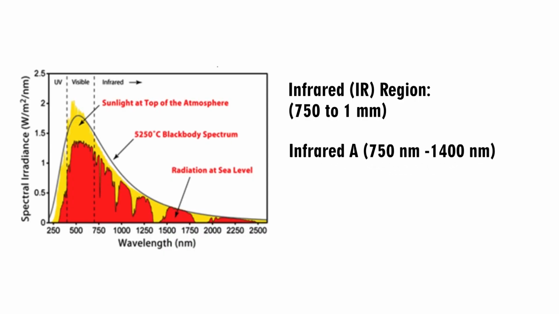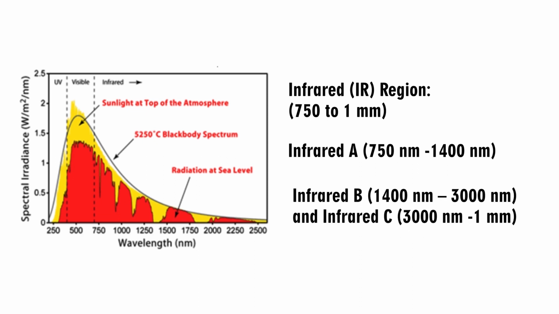Infrared A has a range of 750 nanometer to 1400 nanometer. The second one is infrared B, with a range of 1400 nanometer to 3000 nanometer, and the third one, you can say infrared C, has a range of 3000 nanometer to 1 millimeter.